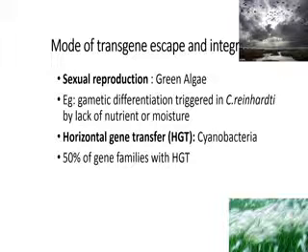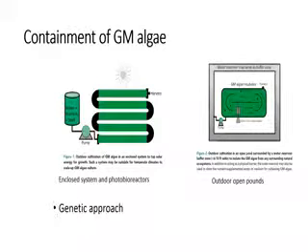Now, how did we contain our GM algae? There were two methodologies by which genetically modified algae could be cultivated for the production of biofuel. First was the enclosed system or photobioreactors, and the second was open ponds.